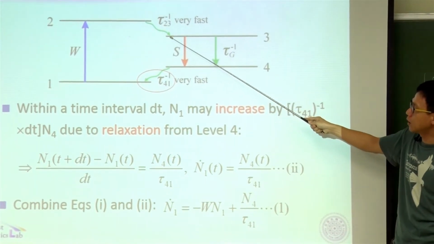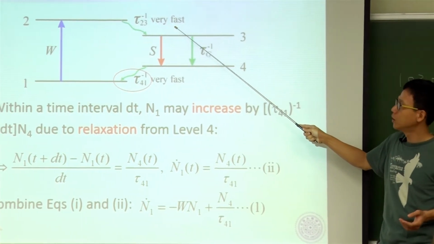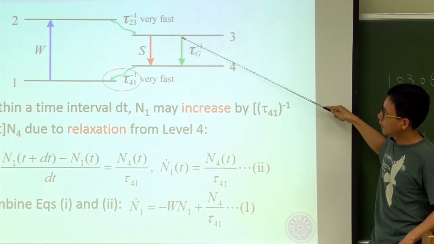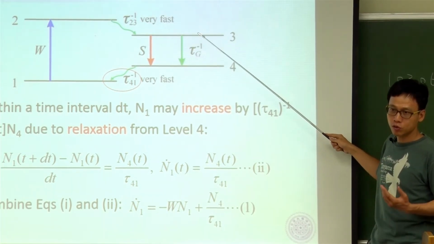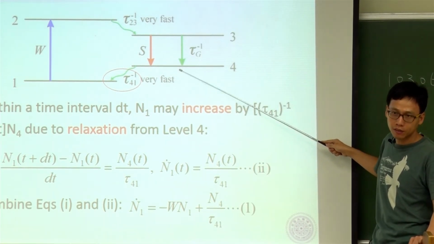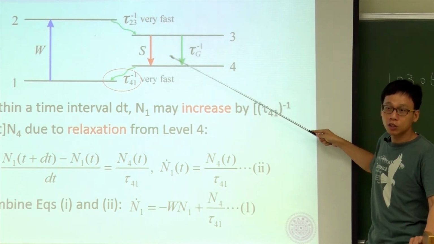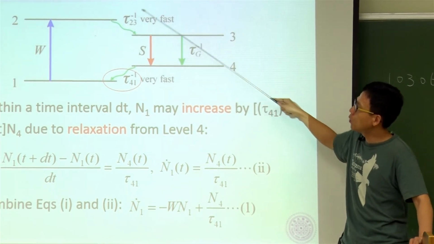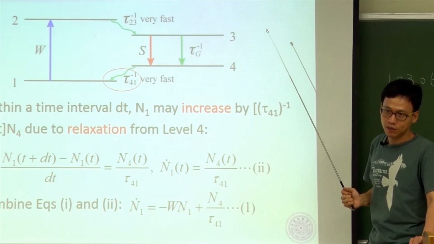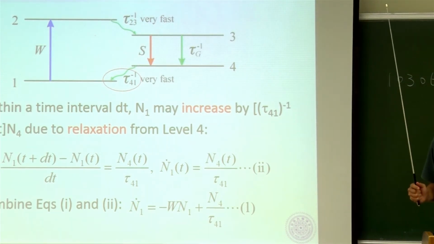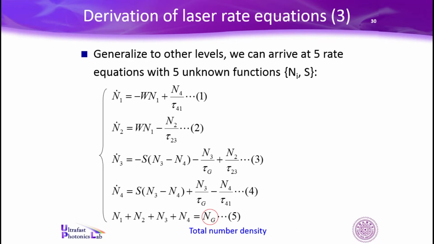Relaxation from level 2 to level 3 contributes to a number density increment. And the natural relaxation contributes to number density decreasing. Stimulated emission S contributes to decreasing, right? So there are more physical processes involved with number density of level 3, but the idea is the same. I will not repeat it. So you can write down equations 1, 2, 3, 4.